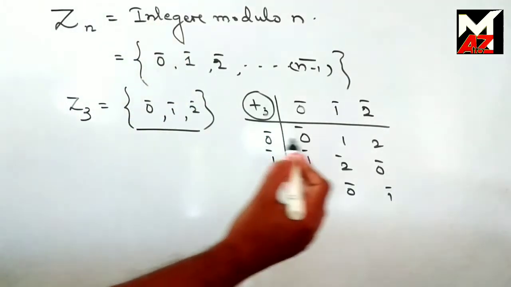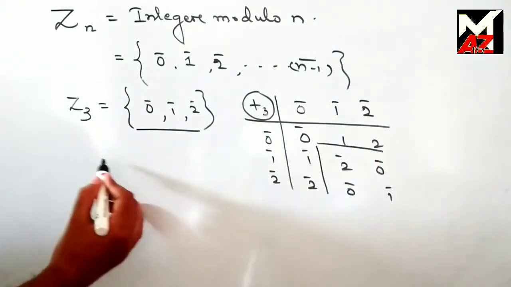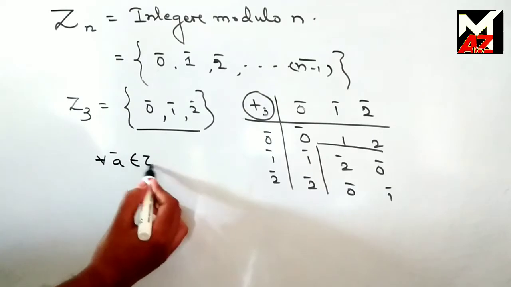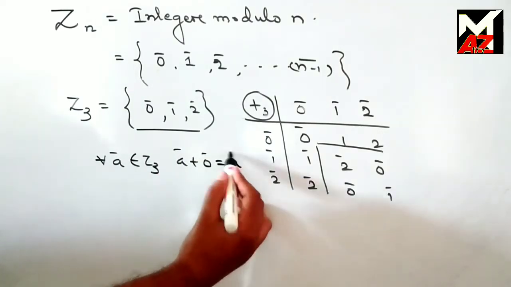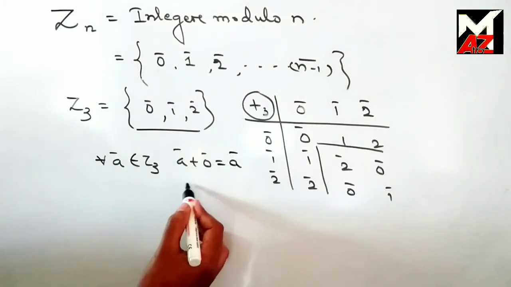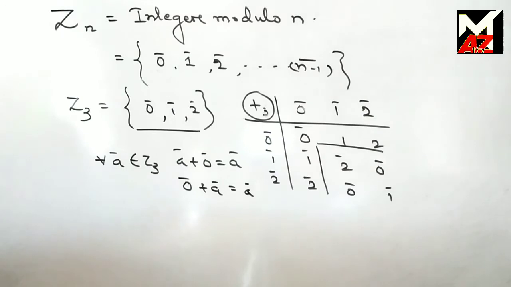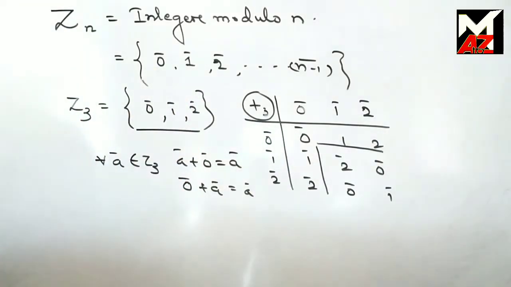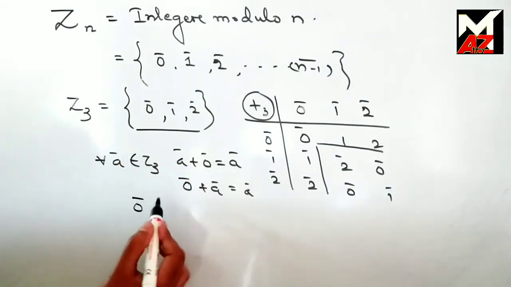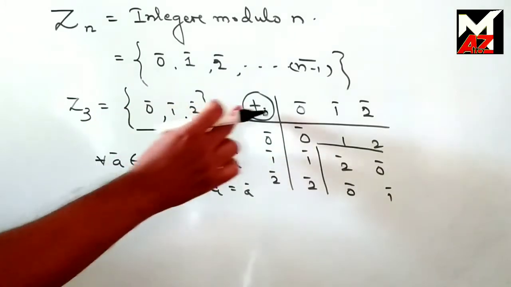Now from the first row and first column, we say that for all A class belonging to Z3, A class plus 0 class equals A class, or 0 class plus A class equals A class, for A class equal to 0 class, 1 class, 2 class. So we say that the 0 class is the identity of this set with respect to plus 3.